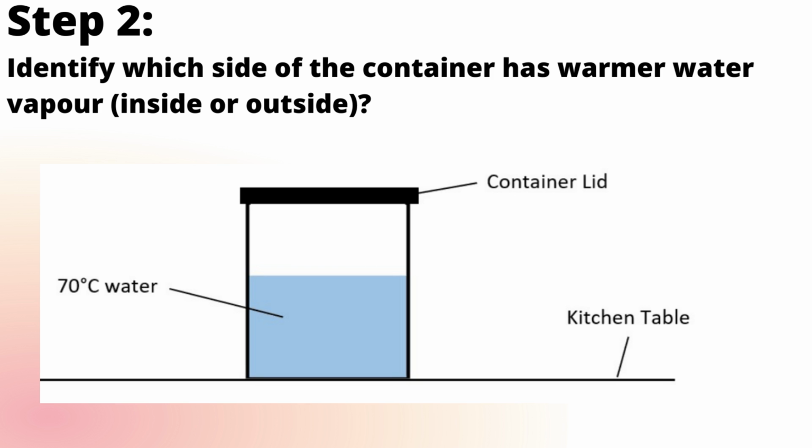So come back to the question. Which side of the container has warmer water vapor? And water vapor, we know, is simply water in the gaseous state, so it's like surrounding air. So it must be that the inside of the container has warmer water vapor, because inside the container there is water at 70 degrees Celsius.